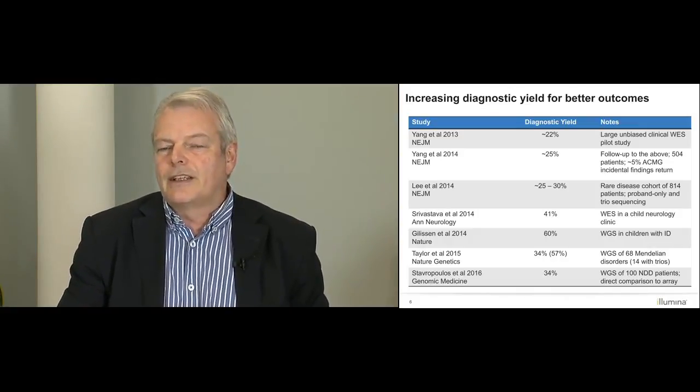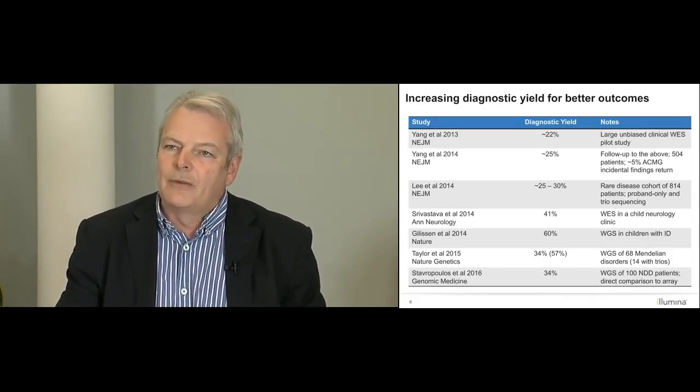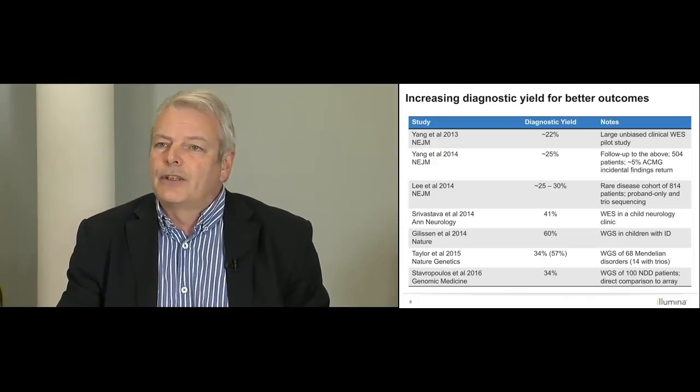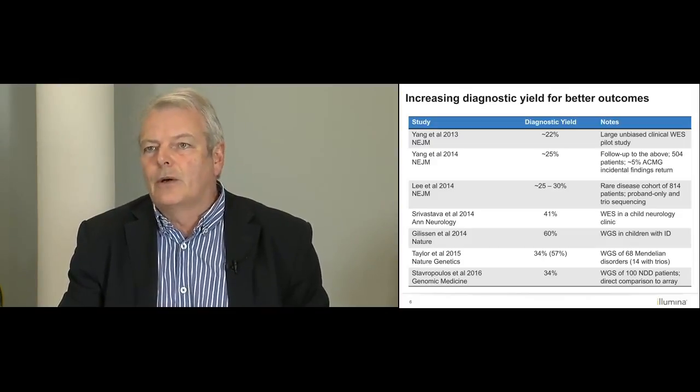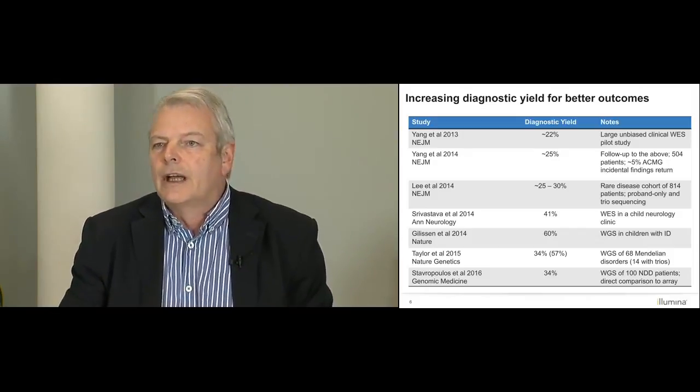You can see here that we've moved from single anecdotes, which were reported as one-offs or N of 1 cases, through to looking at small or middle-sized cohorts now, to examine how often this paradigm actually holds.